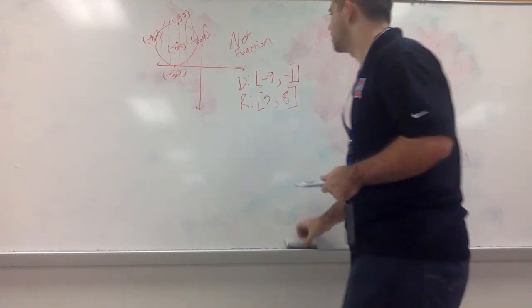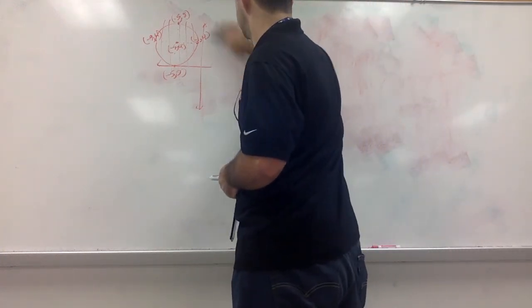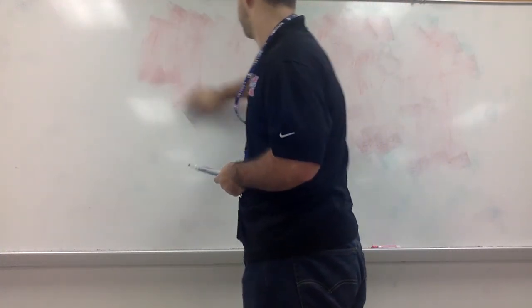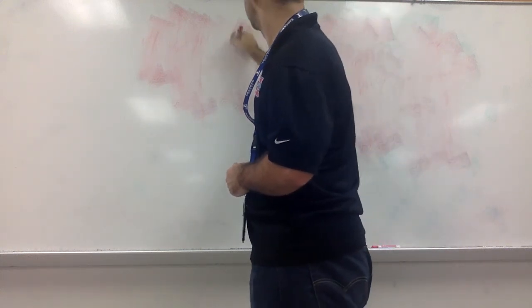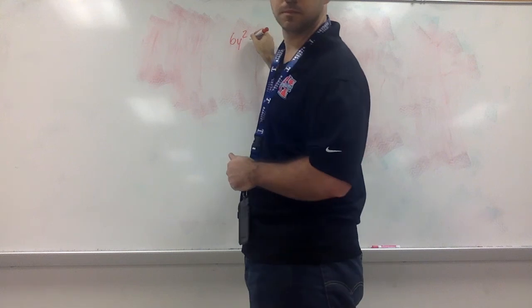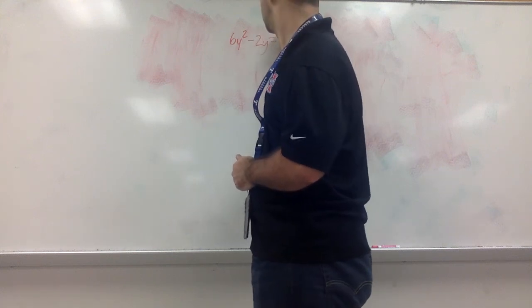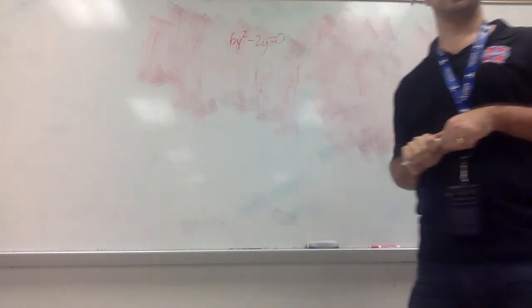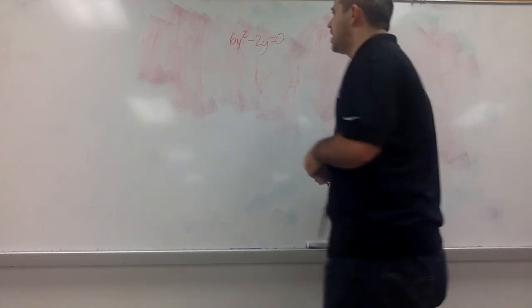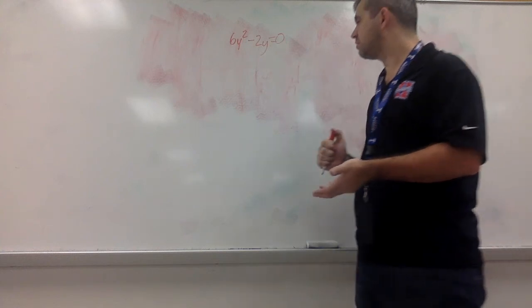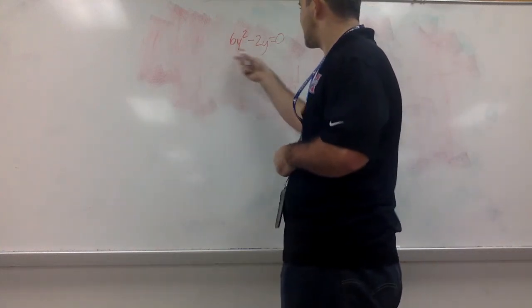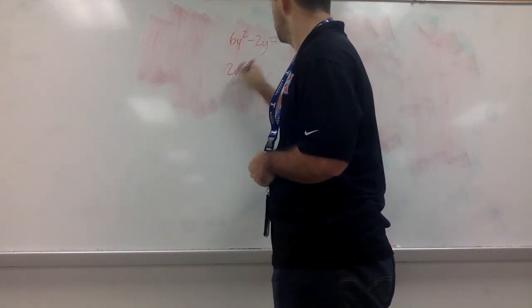All right, we're going to solve this quadratic real quick. Again, it says to solve it using quadratic formula on here, but there's no way I would do that. I see a common factor here, 2y.